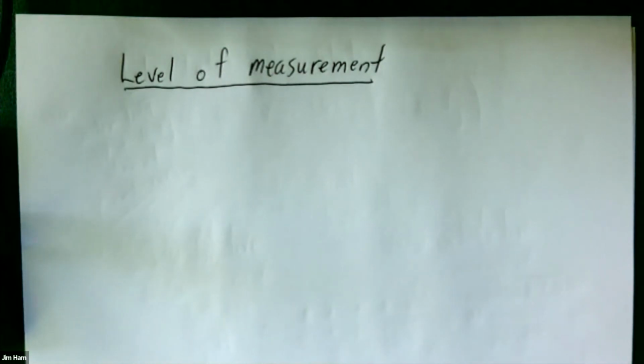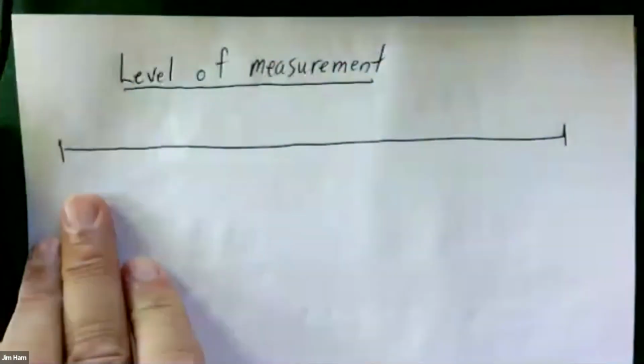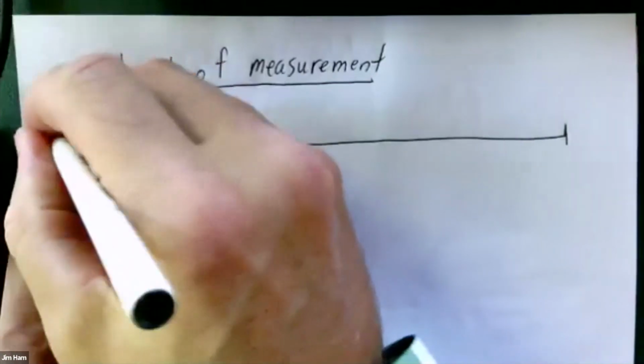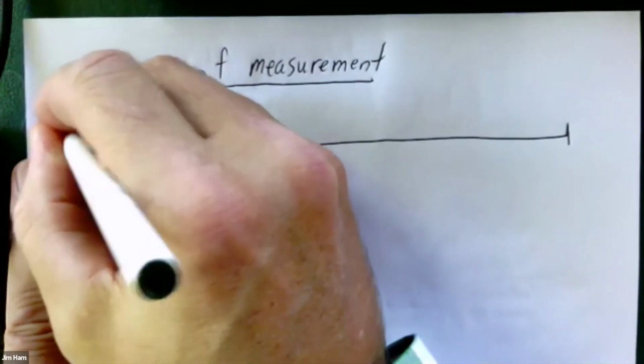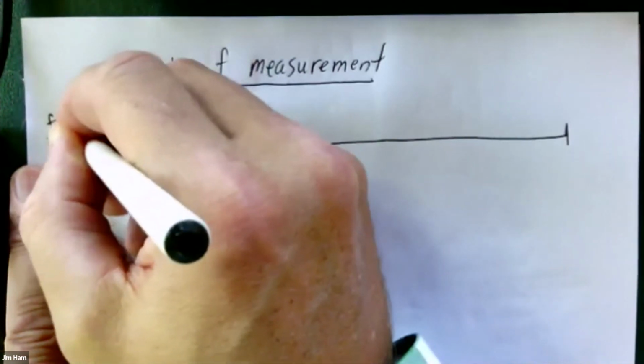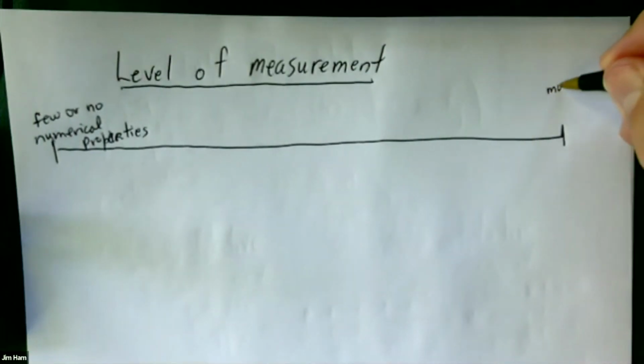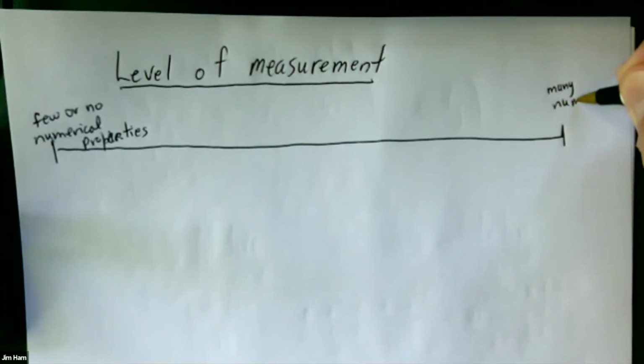On the numerical variable continuum, where does the variable fall? I'm just going to draw a number line to indicate a continuum. Over on the left-hand side, we have few or no numerical properties. And on the other side, you're going to have many numerical properties.